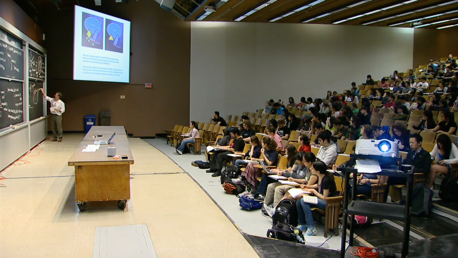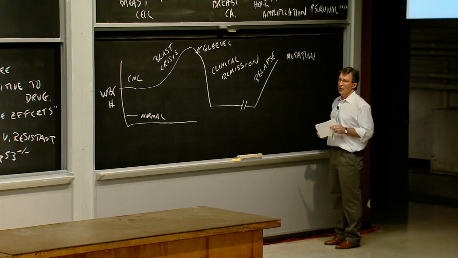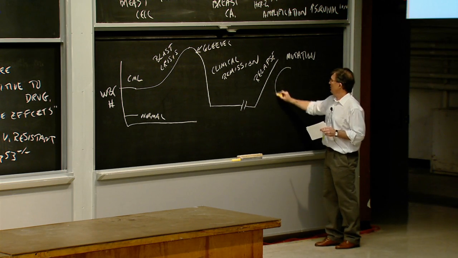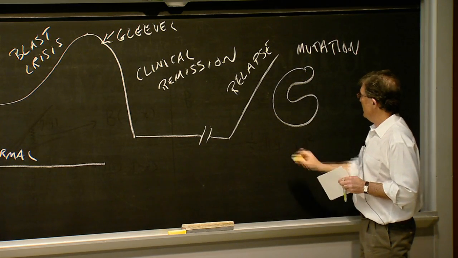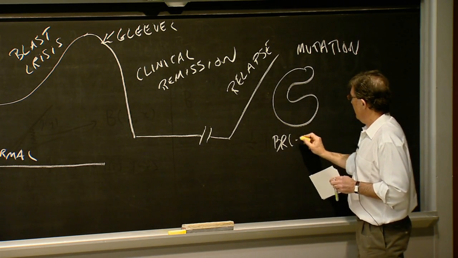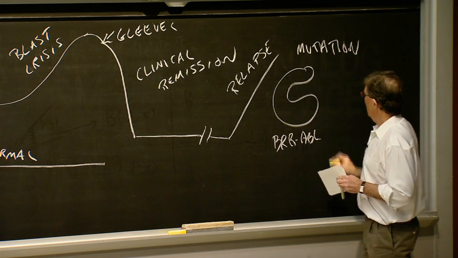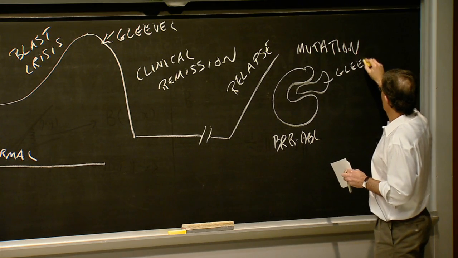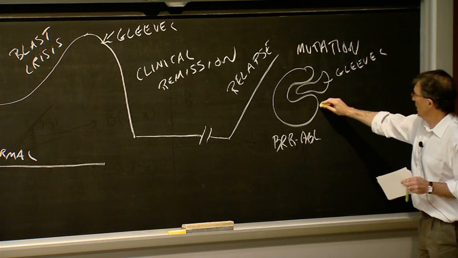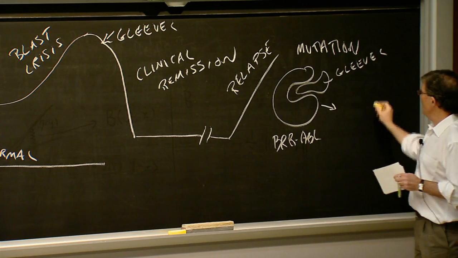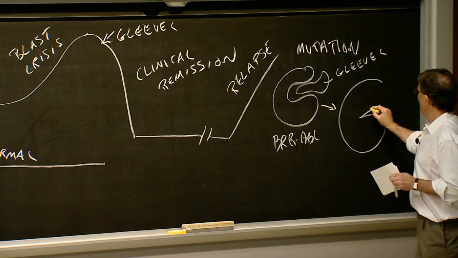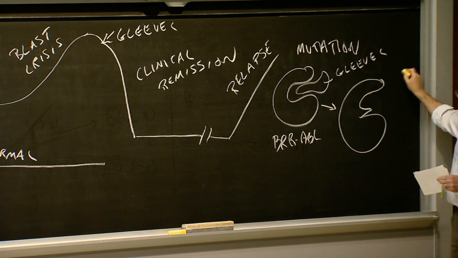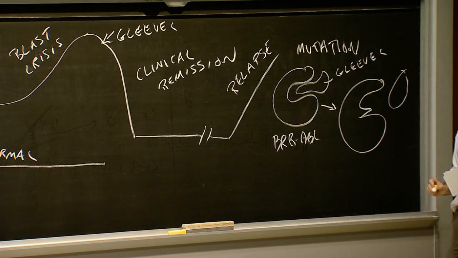The cancer cells have acquired additional mutations, specifically within bcr-abl. If we imagine bcr-abl, it can bind to Gleevec and be shut off. At some frequency, however, mutations can occur which change the active site in such a way that Gleevec can no longer bind.